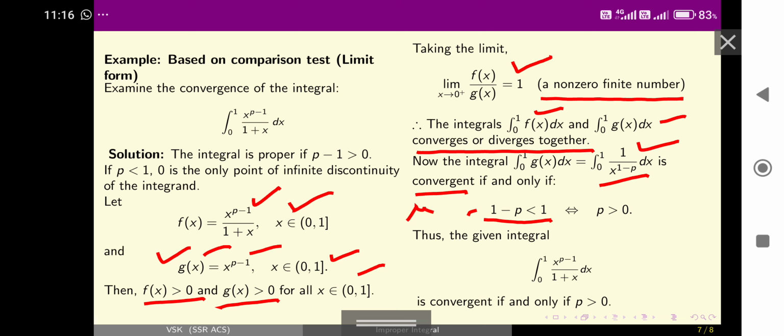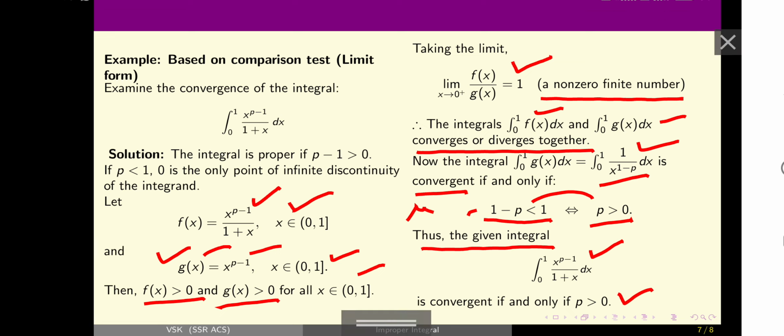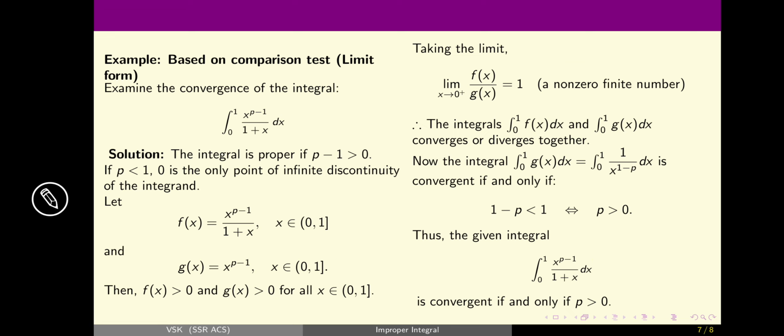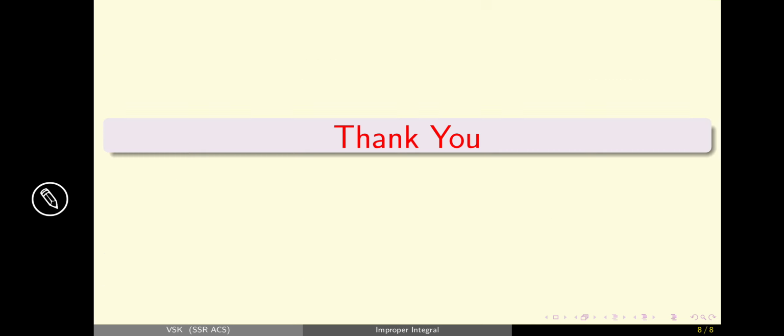So it is less than 1, and this holds if and only if p is greater than 0. From this we can easily get p greater than 0. Therefore, the integral from 0 to 1 of x^(p−1)/(1+x) dx is convergent if and only if p is greater than 0. So in this way, this is easily solved.